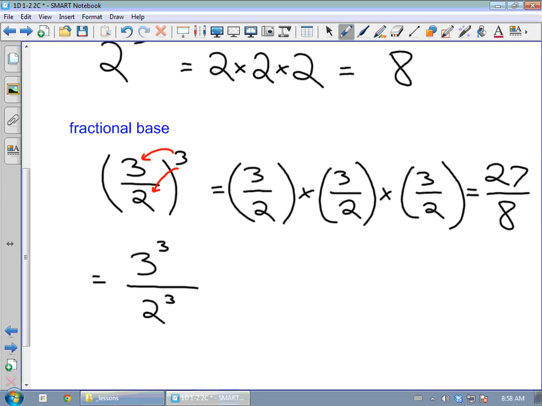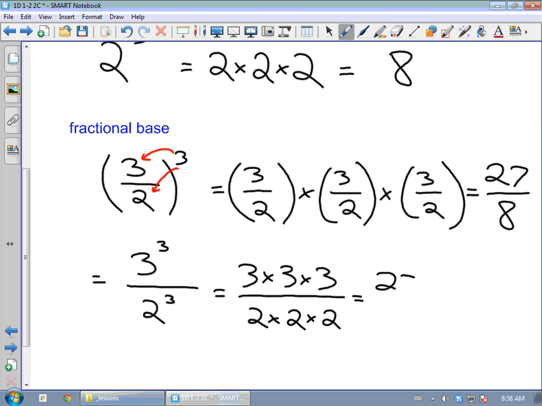Then what's 3 to the exponent 3? Well, it's 3 times 3 times 3. What's 2 to the power of 3? Well, it's 2 times 2 times 2. And again, we get the same answer, 27 over 8. So whichever way you want to think about it, the answer is going to work out to be the same.